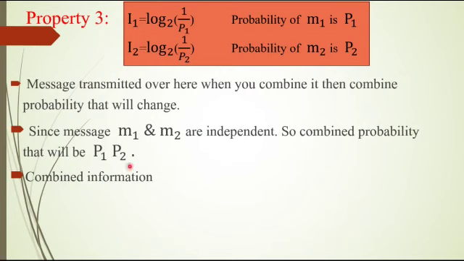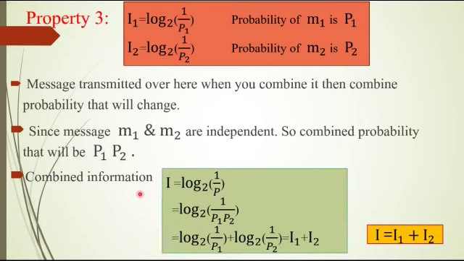So the combined information I equal to log base 2 of 1 by P, where P is the combined probability P1 P2. So we can write log base 2 of 1 by P1 P2. We know the formula of log xy: log xy equal to log x plus log y.